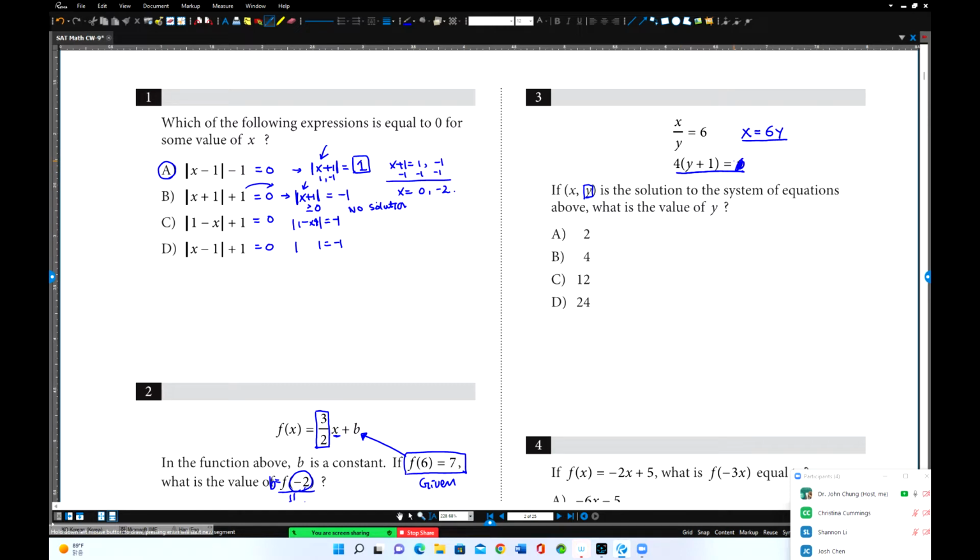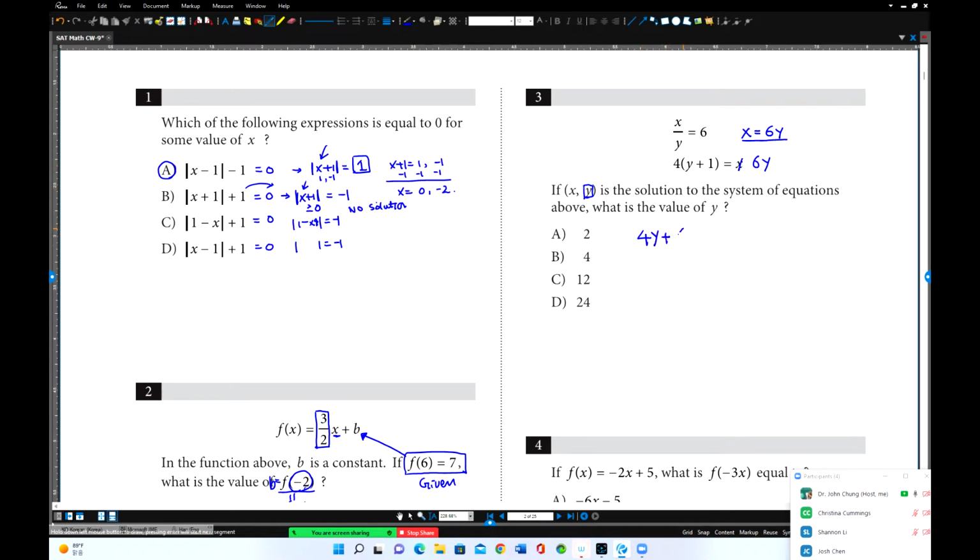Sorry, actually 6y. Okay, I'm going to do this one with 6y. That's it. That's the algorithm to find y: we need to eliminate the variable x. Okay, that's all. So solve this one, distributive property.